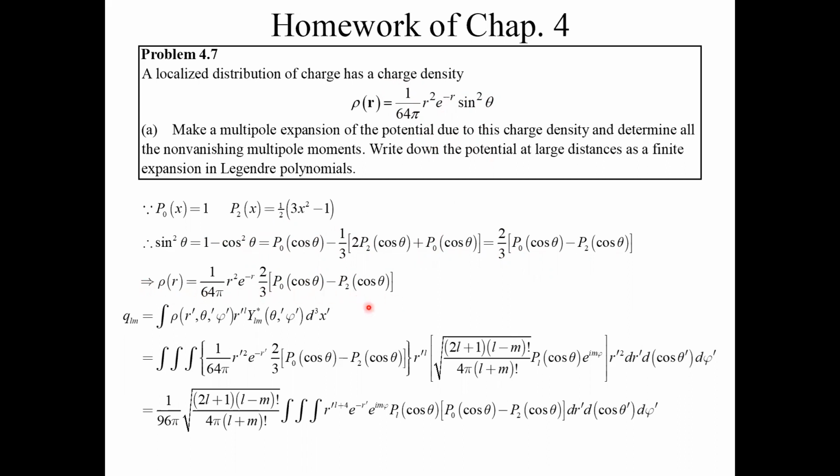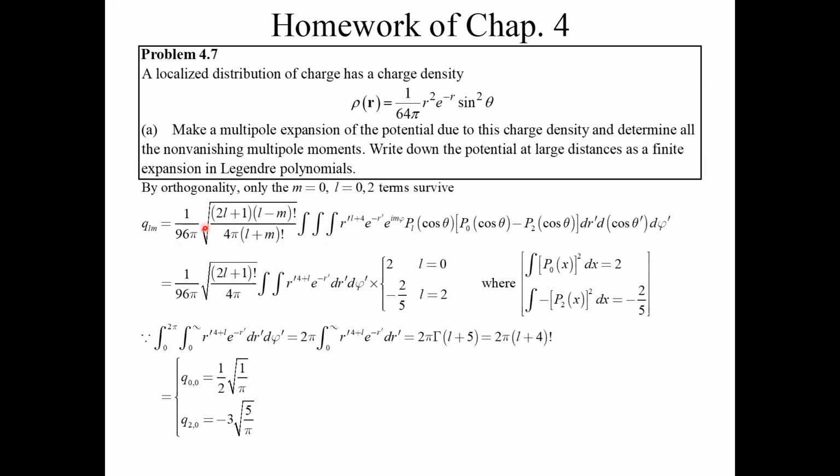And next, we do the integral to calculate the multipole moments. We calculate our multipole moment here, and we have the integration like this. And next, we will do the integration.